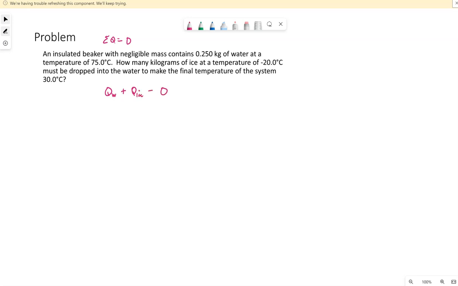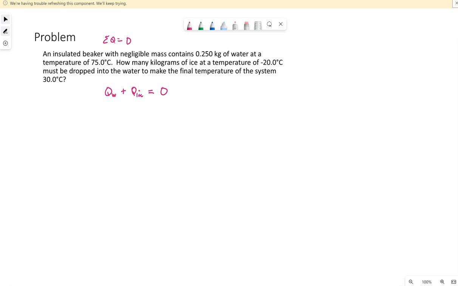So Q of the water plus Q of the ice is going to equal 0. The water will cool down, so it's going to have a negative Q. The ice has to get to its melting temperature and then melt and then also increase in temperature. So we have to account for each portion of energy it needs, but it's eventually going to warm up to this final temperature.